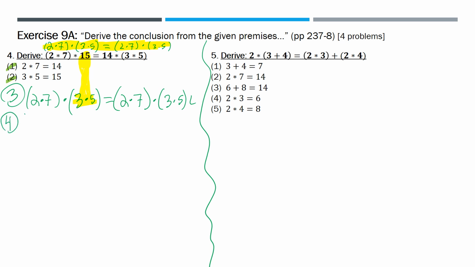For line 2, we can say 2 times 7 times 15 is equal to 2 times 7 times 3 times 5. This is an identity with lines 2 and 3. Because in line 2, we're told that 3 times 5 is identical with 15.